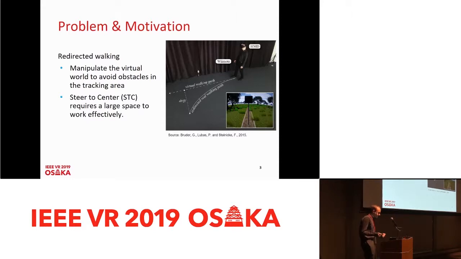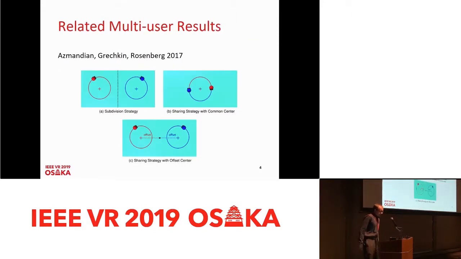Now, steer to center, the algorithm that's commonly used to implement redirected walking, requires a large space to work effectively. So we want to try to minimize the amount of space that redirected walking uses, or to be able to support additional users. I'll go over some previous work in multi-user redirected walking. Azmandian, Grechkin, and Rosenberg in 2017 looked at 3 different ways of implementing 2-user redirected walking.